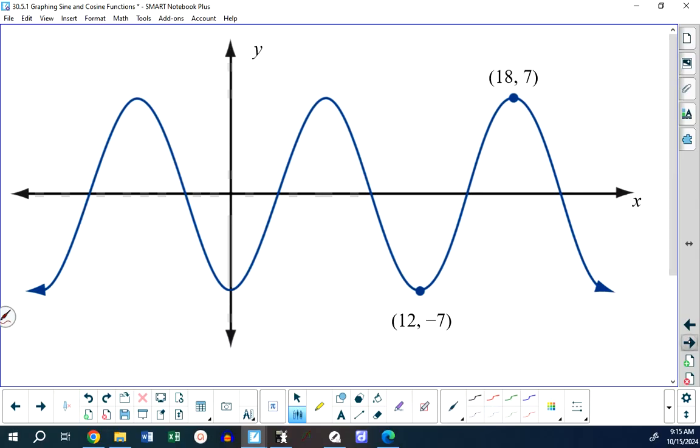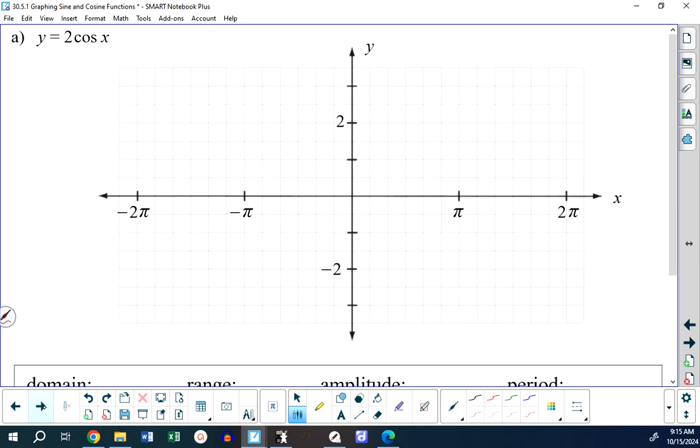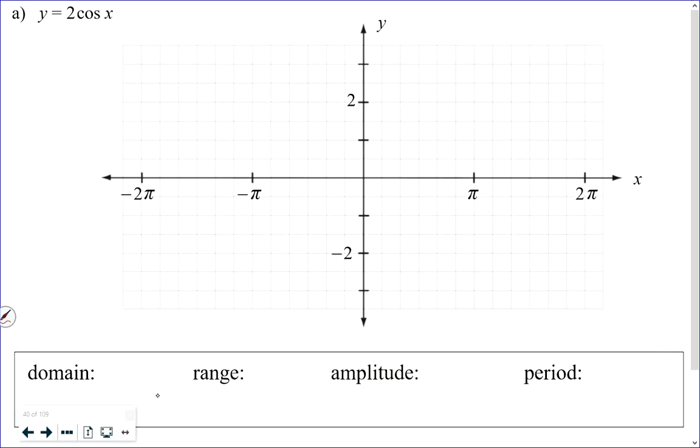So if I can get you to turn the page. Use your knowledge of transformations to sketch the following graphs and complete the information below. What we want to do here is come to conclusions that will allow us to avoid graphing things and just write answers.